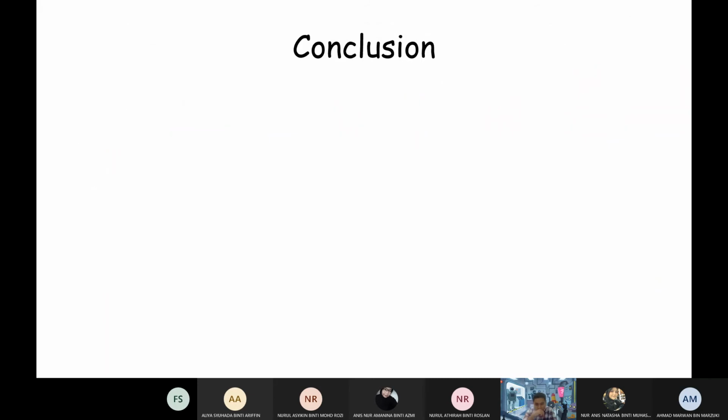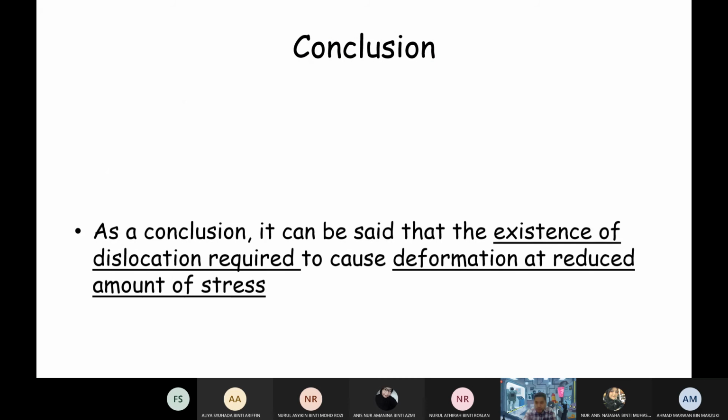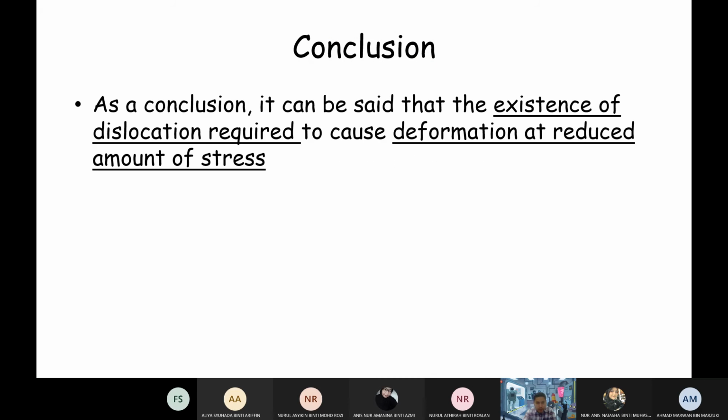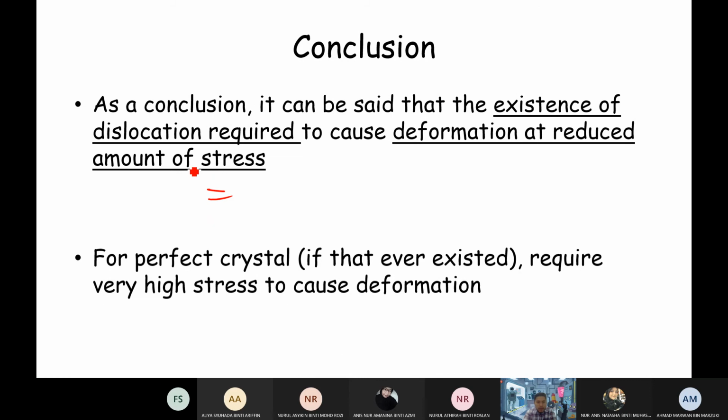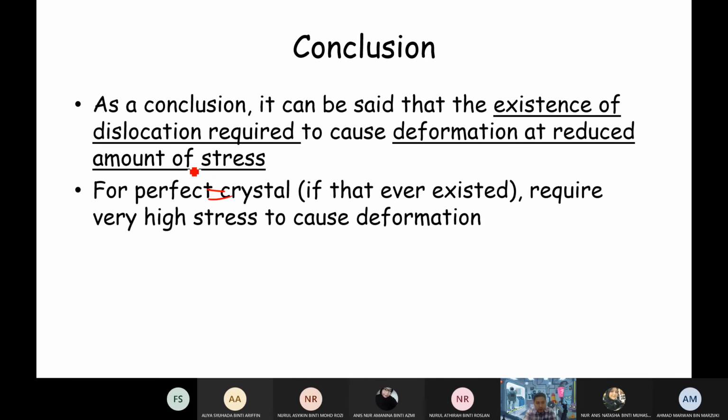Okay, as a conclusion for this chapter, it can be said that the existence of a dislocation is required to cause deformation at a much lower amount of stress. For perfect crystal, if that ever existed, it will require a very high stress to cause deformation. Why?